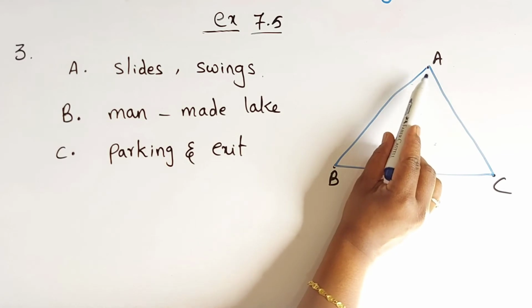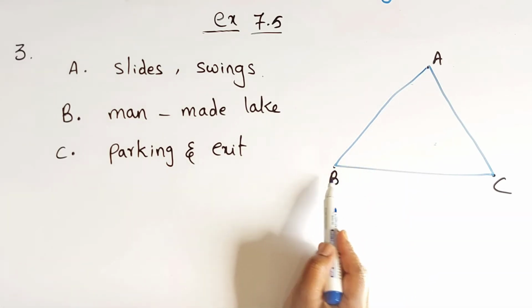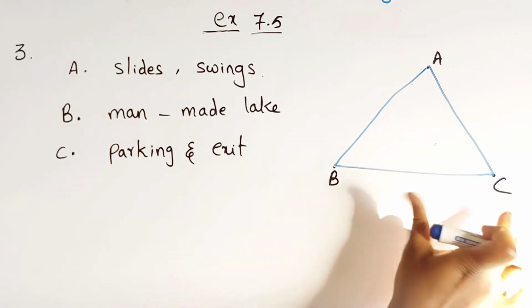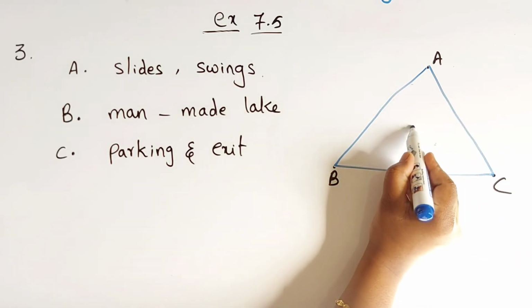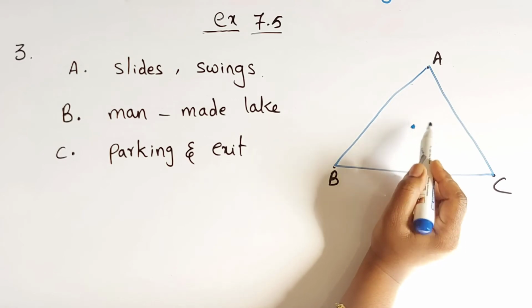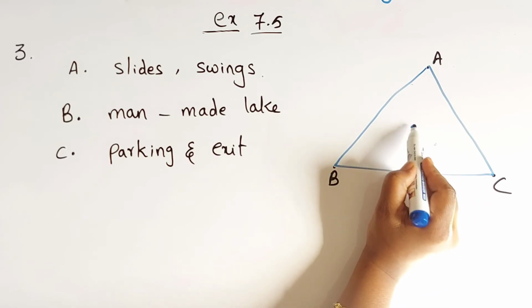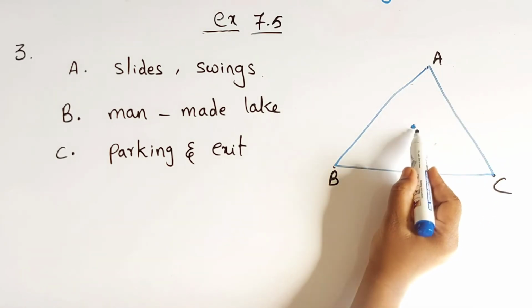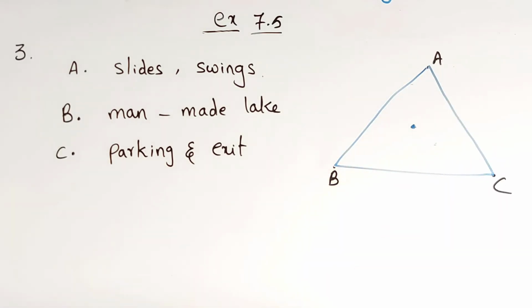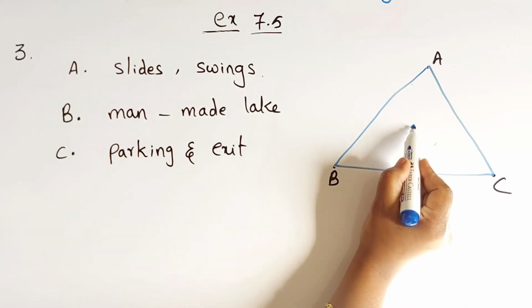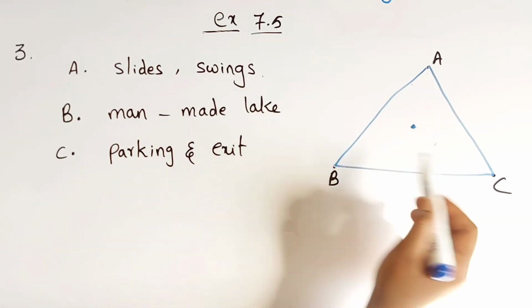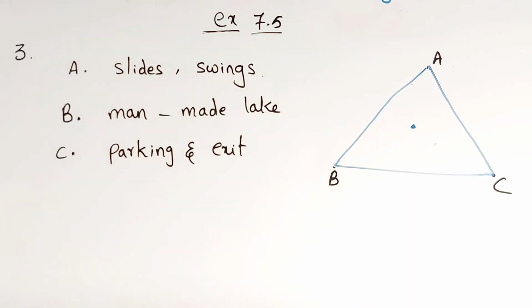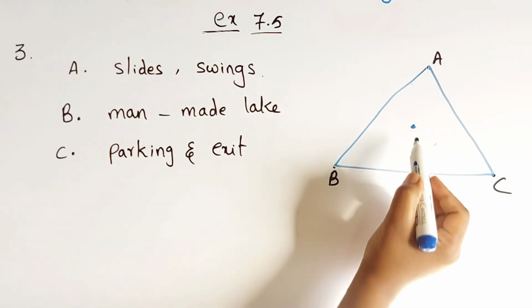Maximum people are here, here also, and in point C also. So these people should easily approach the ice cream parlor. That means the point should be equidistant from this vertex, this vertex and this vertex also. The point should be equidistant from all the three vertices. Then only the people can approach easily.